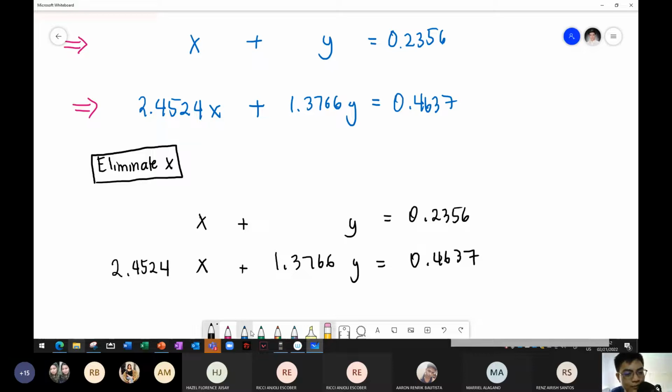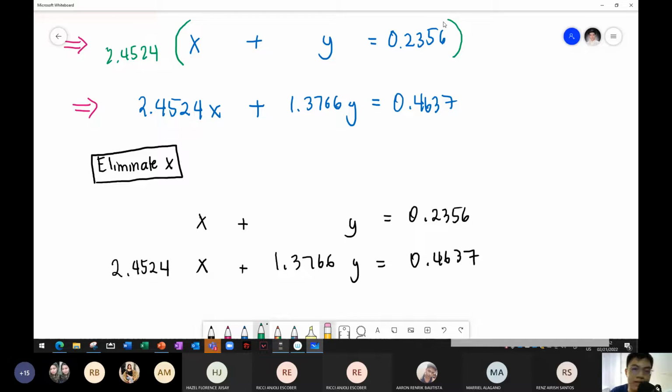However, when I multiply x by 2.4524, kailangan yung buong equation multiplied by 2.4524. Okay? Kailangan yung buong equation sa taas, i-multiply ko by 2.4524.